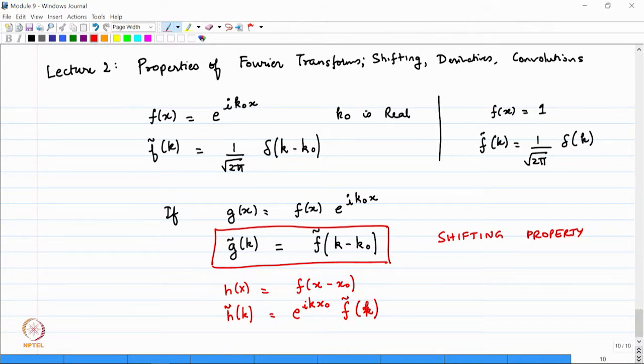So, if I had a shifted function, the Fourier transform would be multiplied by an exponential, because these form a Fourier transform pair. The pair is f of x e to the i k 0 x and f tilde of k minus k 0. So, the shifting property is one very useful property of Fourier transforms, and we will see that it is extremely useful in solving various differential equations.